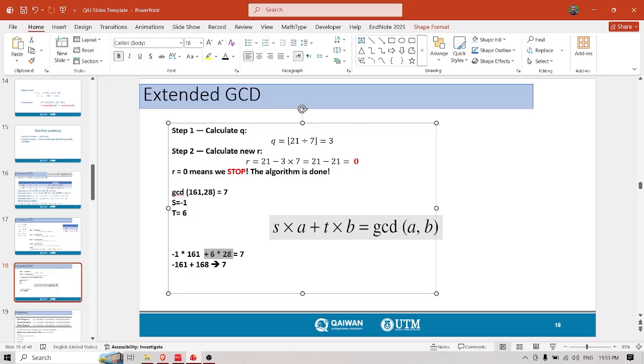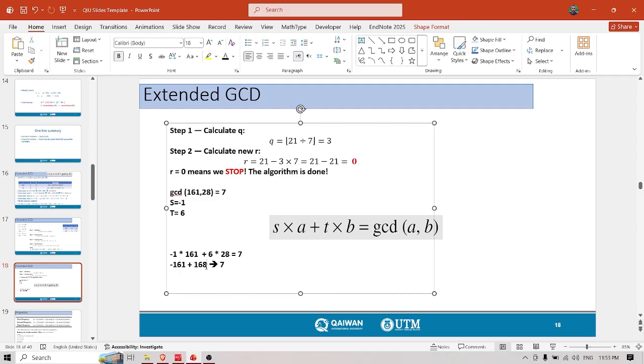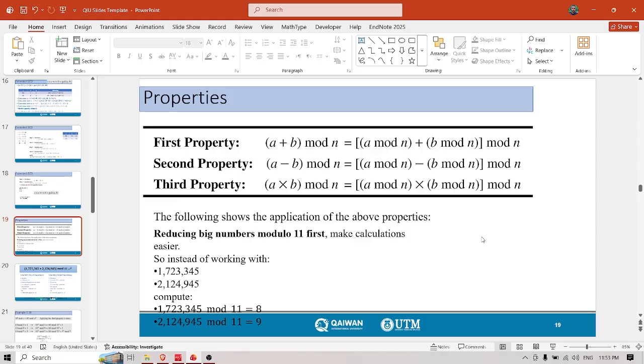And 6 multiplied by 28 would be plus 168. If we just subtract these two, we will get 7. So yes, the S, which is -1, and the T, which is 6, if we put it in here, we will get the GCD number of A and B. So that's how we explain it.